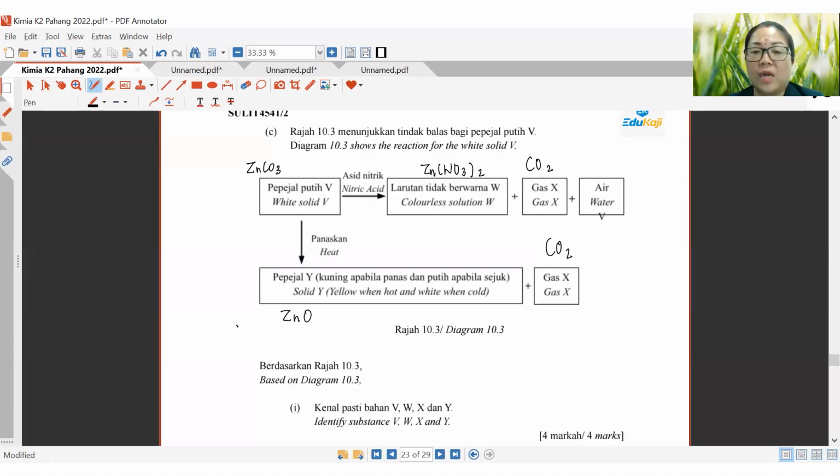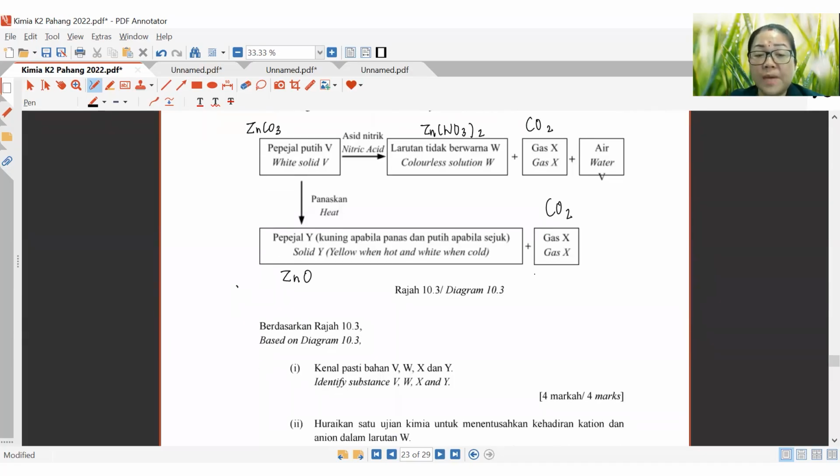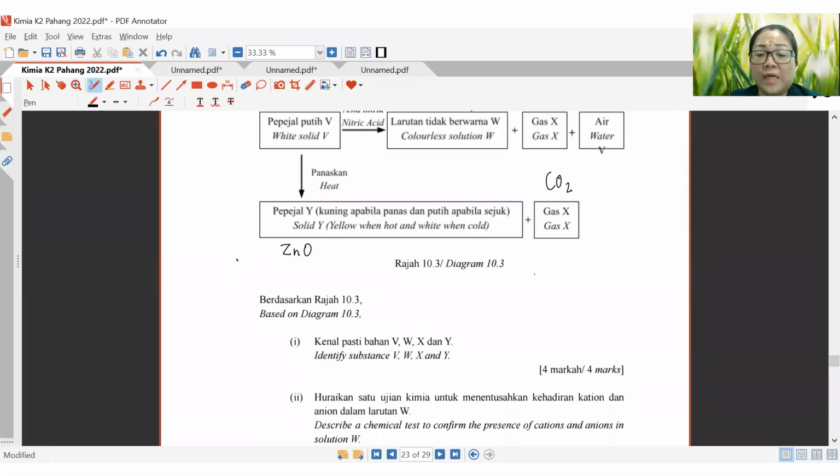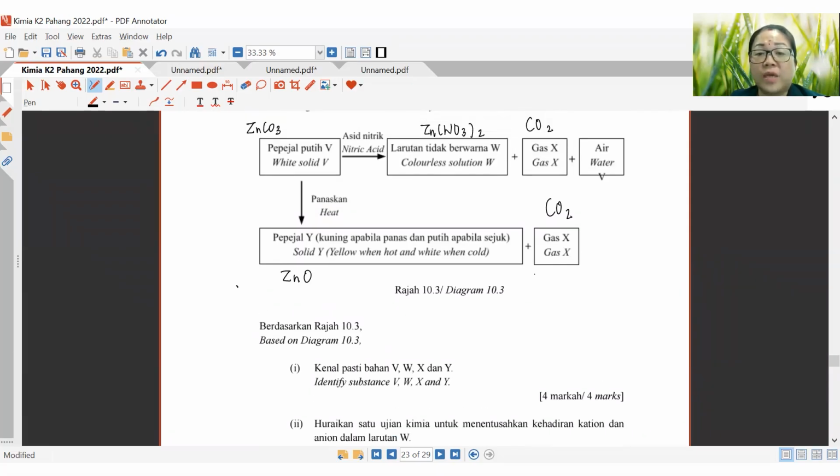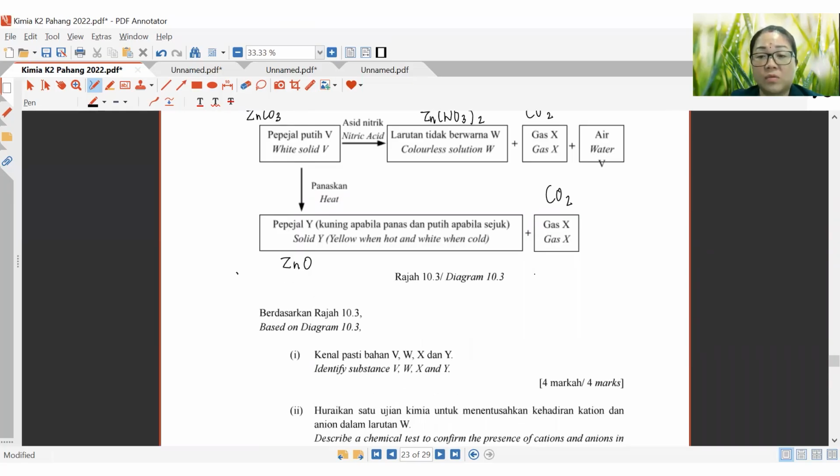Lead 2 oxide is brown when hot, yellow when cold. Only these two types. So the number of salts that you learn is very limited, so don't be unconfident when answering salts questions. Now based on diagram 10.3, identify substances V, W, X and Y. So basically we have identified them all.